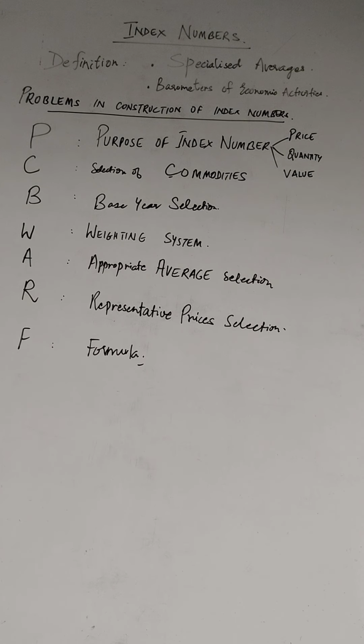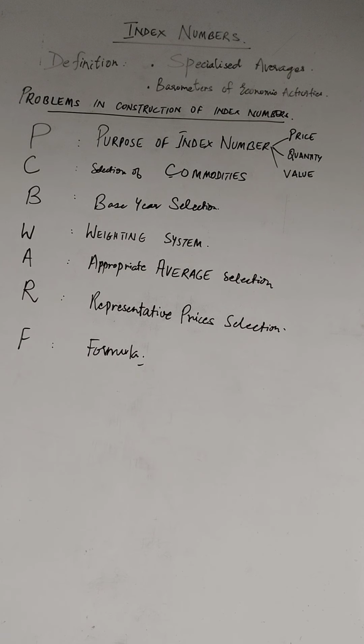But for simplicity in calculation we use the arithmetic average, as we've already stated. So we've done P, C, B, W, A, and now we come to the price selection.